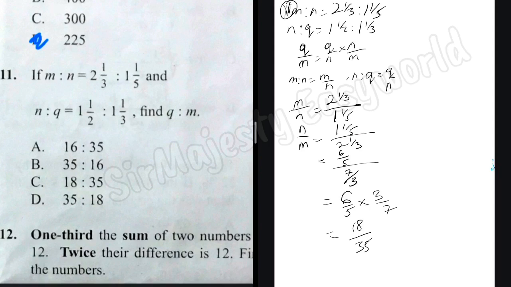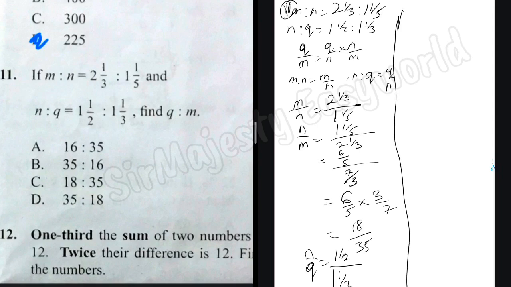So we're going to find our q over n. We're going to first express our n over q as 1 whole number 1 over 2 divided by 1 whole number 1 over 3. Let me just make space here. So therefore n over q is equal to 1 1 over 2 divided by 1 1 over 3.